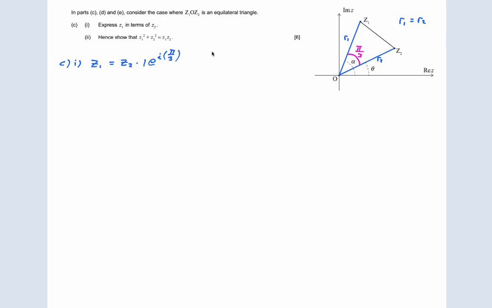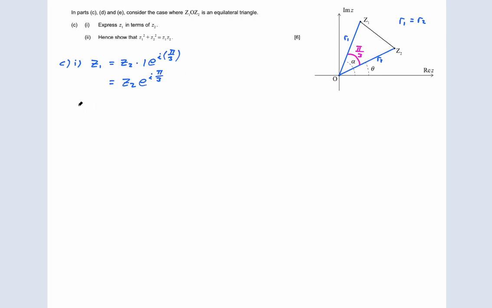So if I start with Z2 and I multiply by e to the I pi over 3, it will rotate it to Z1, which is what I want. So that's the answer. Z1 is equal to Z2 times e to the I times pi over 3.